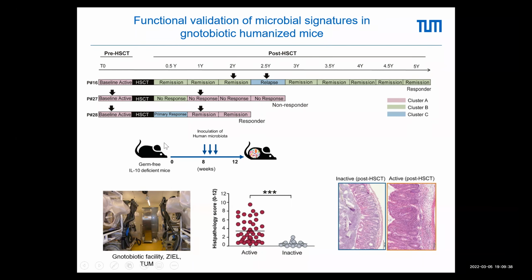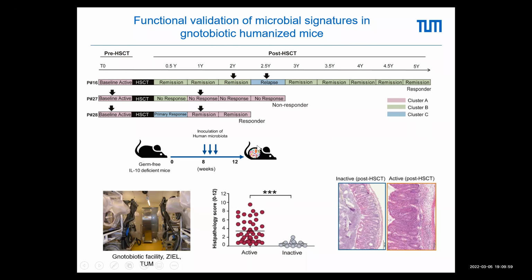These bacteria go inside the mouse and colonize it. We let these mice stay in special isolators for 4 weeks. They were colonized at 8 weeks of age, and we sampled them at 12 weeks of age.